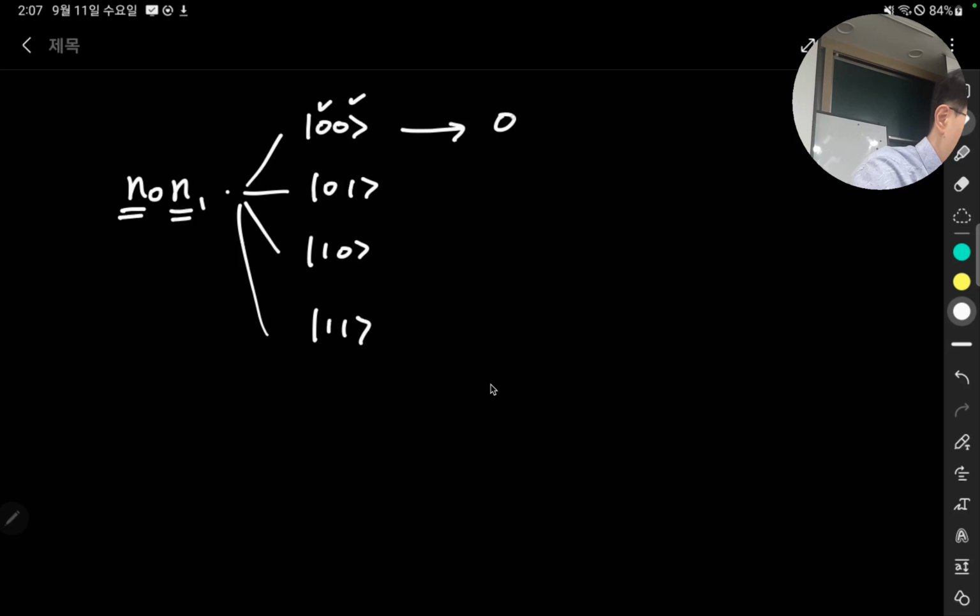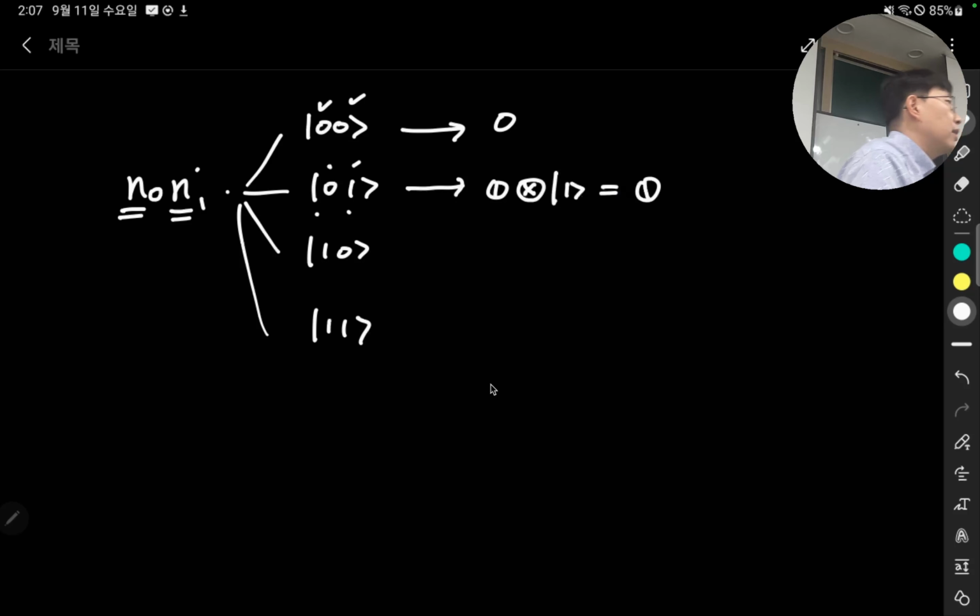So it's 0. And how about this one? n0 acts on cat 1, so it survives. It keeps the cat 0. But n1 acts on cat 0, which kills the cat 0. So basically, it's a 0 vector tensor with cat 1.